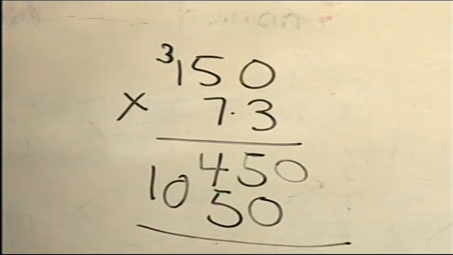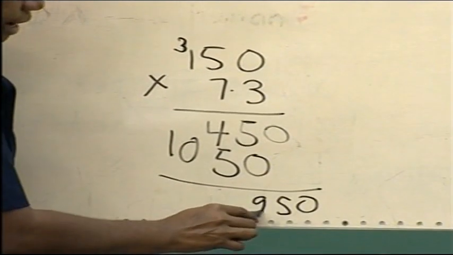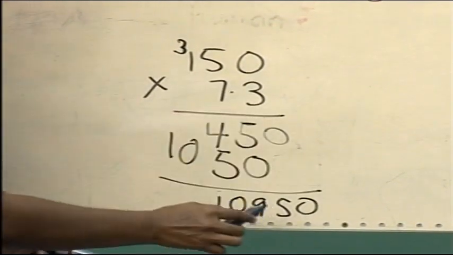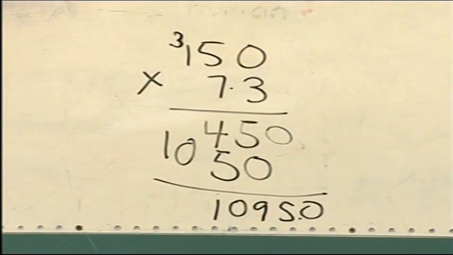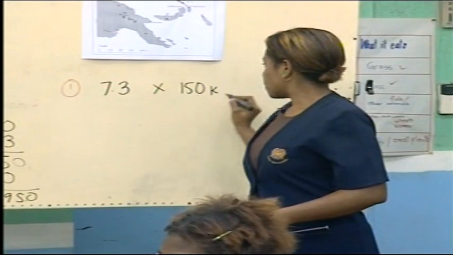Then you add, and with 1 decimal place, 1,095 kilometers.